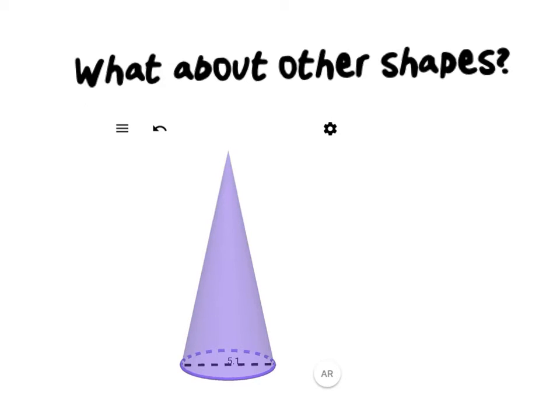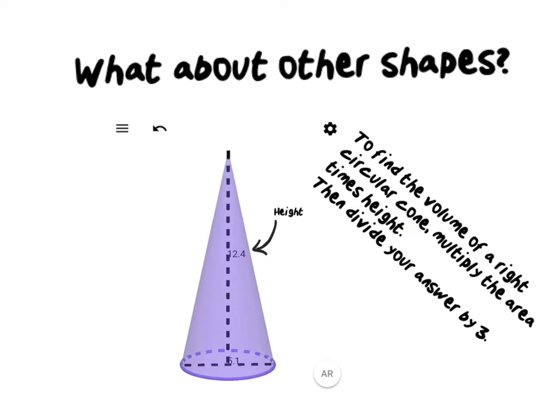Now, let's say it has a height of 12.4 units. How would we find the volume of this shape? To find the volume of a right circular cone, you must multiply the area times the height and then divide that answer by 3.